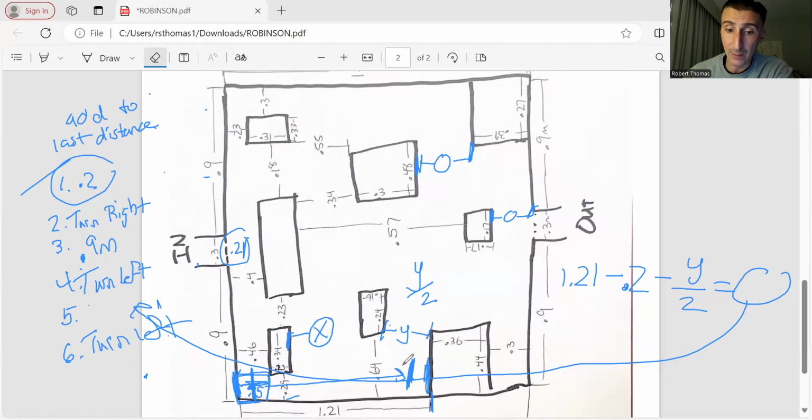That's why it's y divided by 2 gives me half, and we're going to subtract that y half off of this box from this side. Because think about it, we're 0.2 inside, and we want to stop whatever y divided by 2 is short of that box. So that's why we start with the total distance, 1.21, minus 0.2, which is off this back wall. And we're going to stop short from hitting the box, y divided by 2.